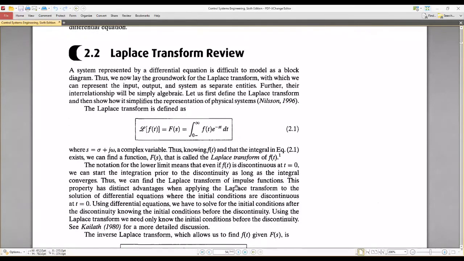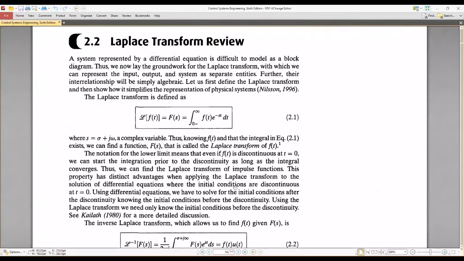Now let's look at the Laplace transform. Do you have any idea about the Laplace? Yes, sir. Okay, Laplace transform. Let's say this is F(s), integral from 0 to infinity, that is the Laplace transform.